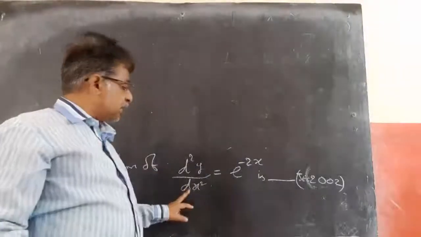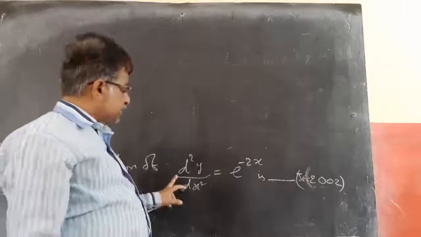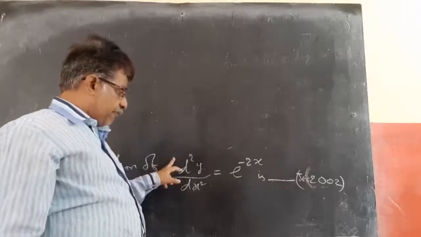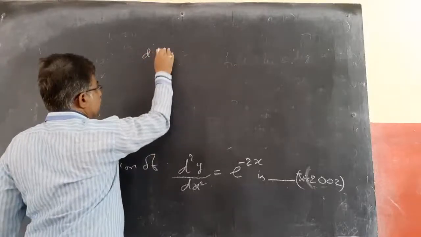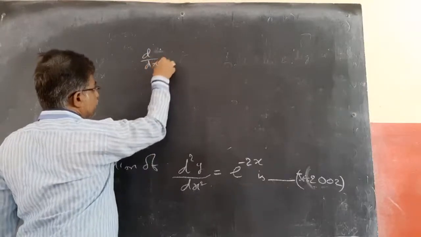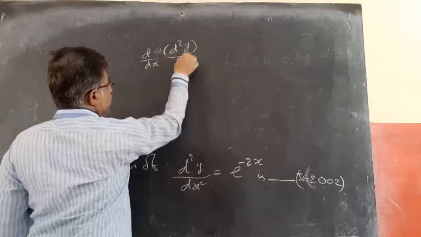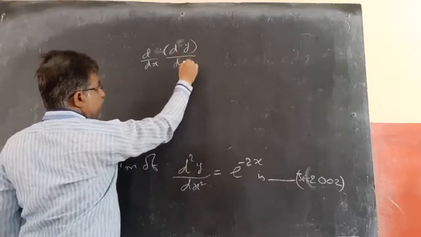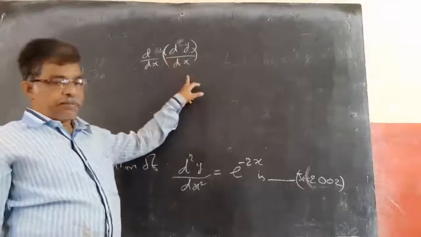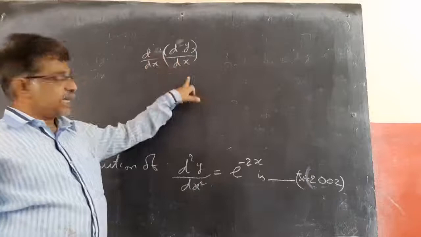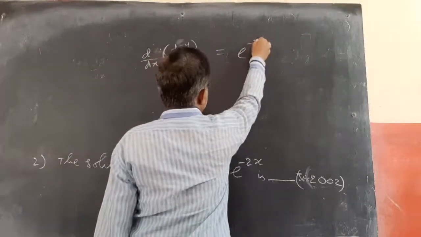But it is giving dx square. So, what I want to do is, first of all, if it is d²y/dx², we can write like this: d/dx of dy/dx. So d/dx of dy/dx is nothing but d²y/dx², is equal to, he is giving e^(-2x).